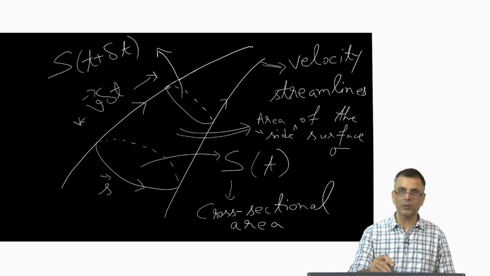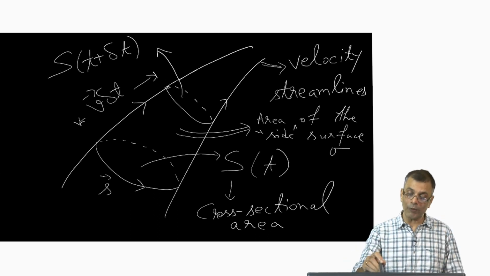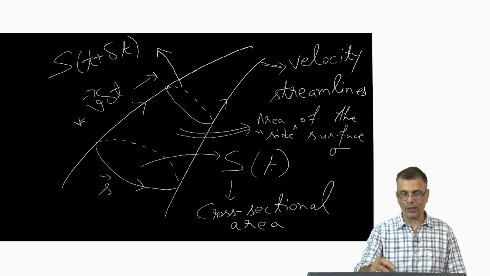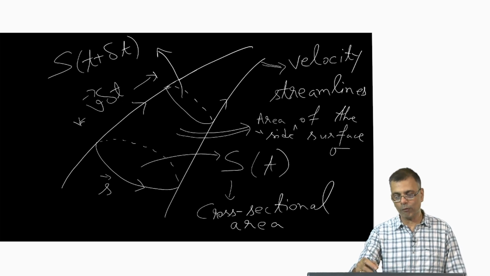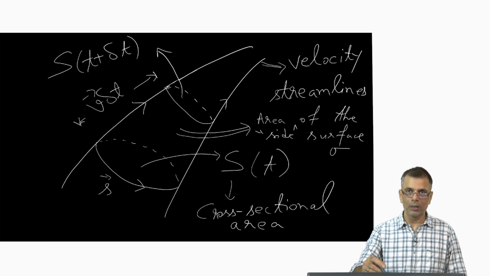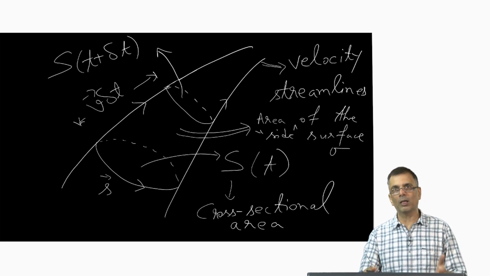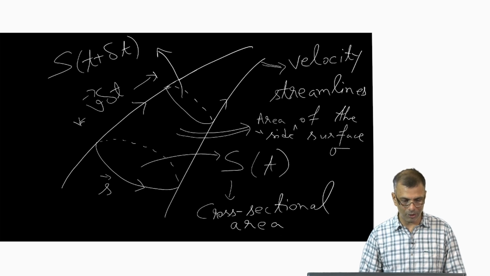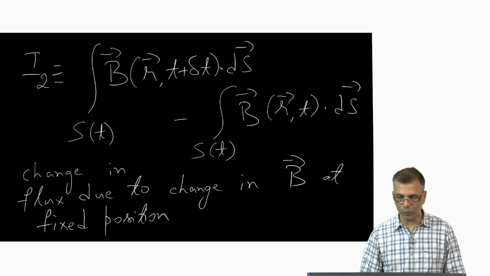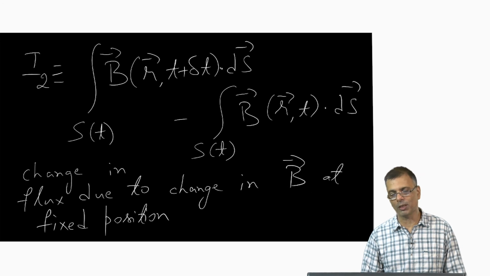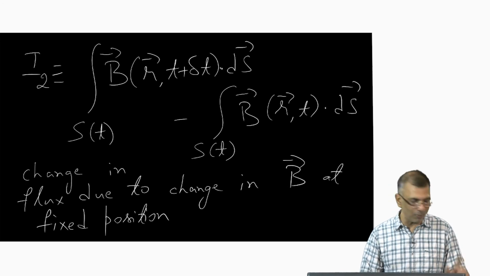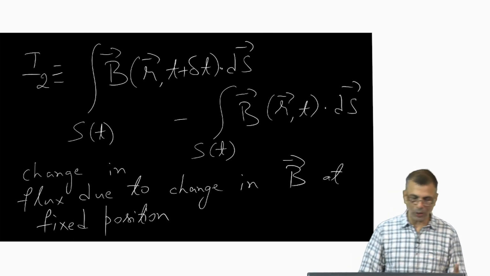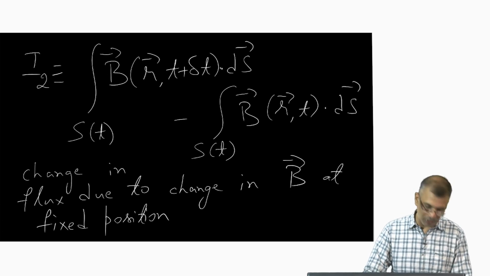But I know that the magnetic field has changed. So I'm calculating the change in flux through the same loop due to the change in magnetic field.